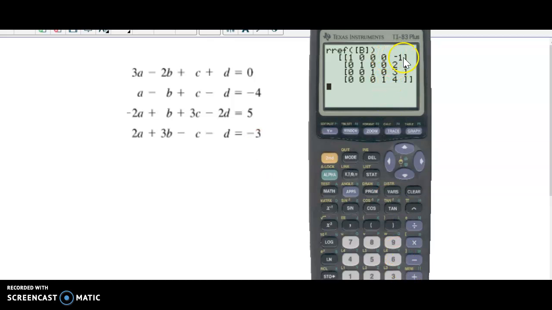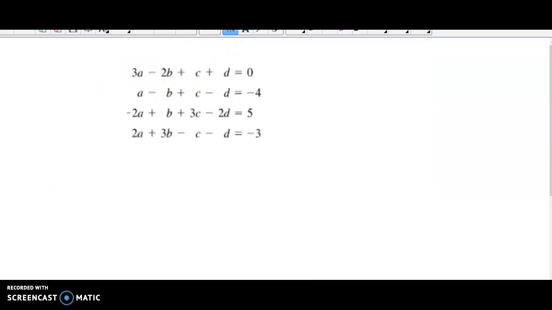Oh, that's cool. A is negative 1, B's 2, C's 3, and D's 4. I might check it just to make sure I didn't enter something wrong. Let me make sure that 3 times negative 1 minus 2 times 2 plus 3 plus 4 equals 0.